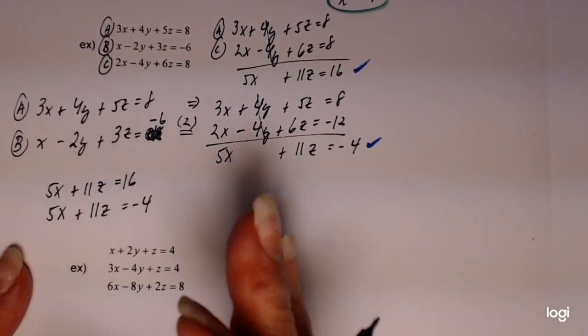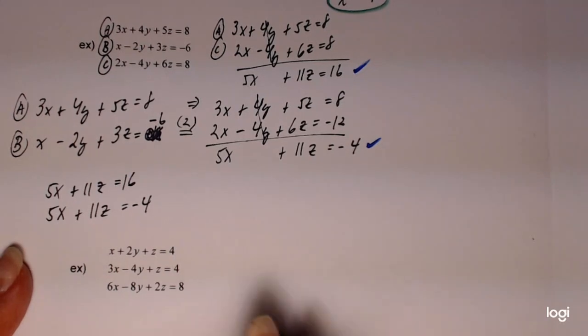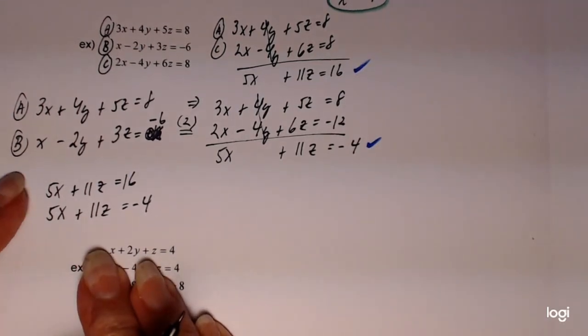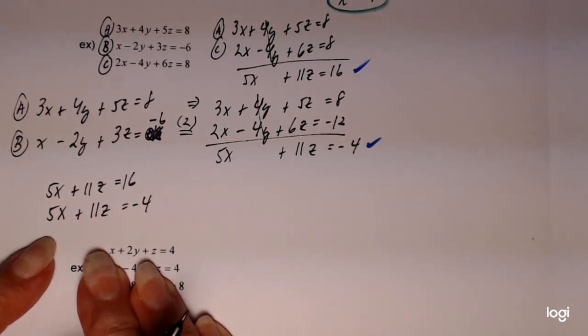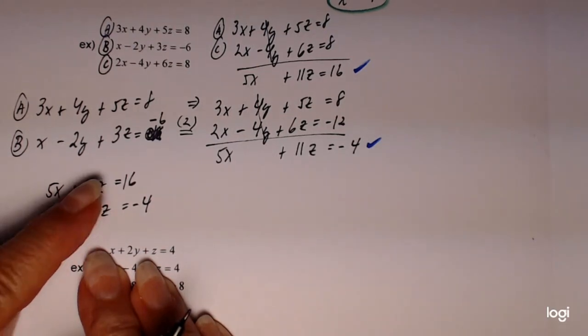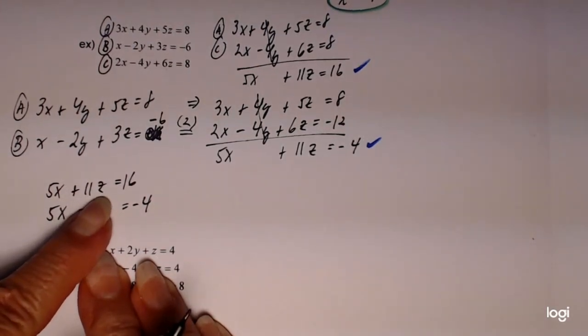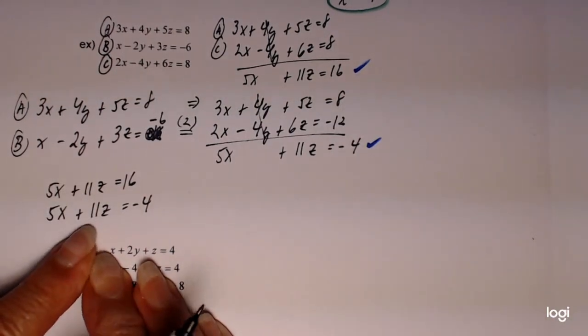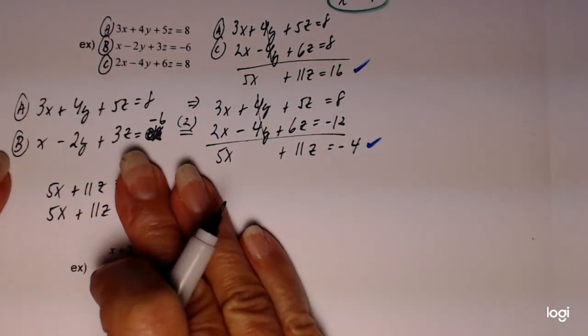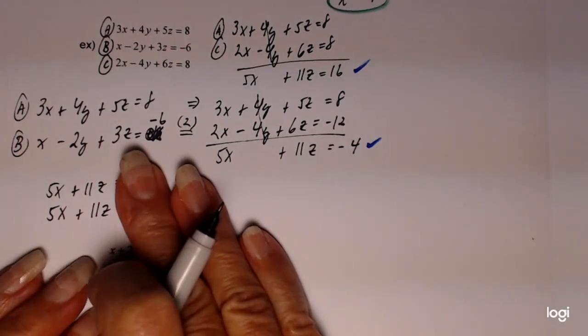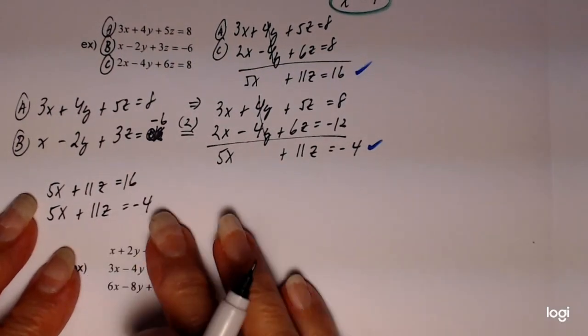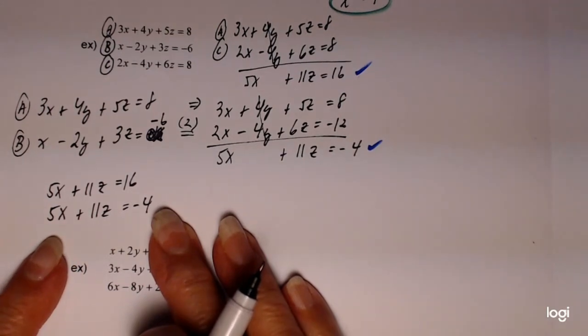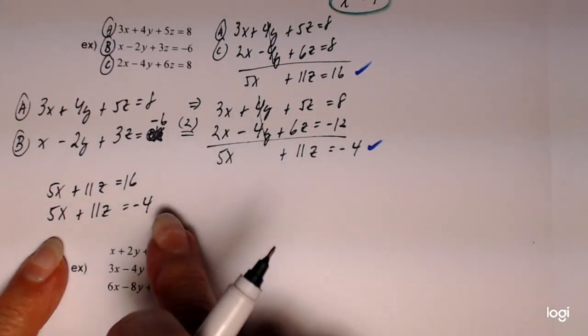We don't know what x and z are, but we're doing the same thing to x and z in both of these equations. We're multiplying x by 5, x by 5, so it's the same, whatever we choose for x. Then we're taking z, and again we don't know it, but we're multiplying by 11 and multiplying by 11. So on this side of the equation, the information is the same. However, on the other side, we have two different answers, 16 and negative 4.